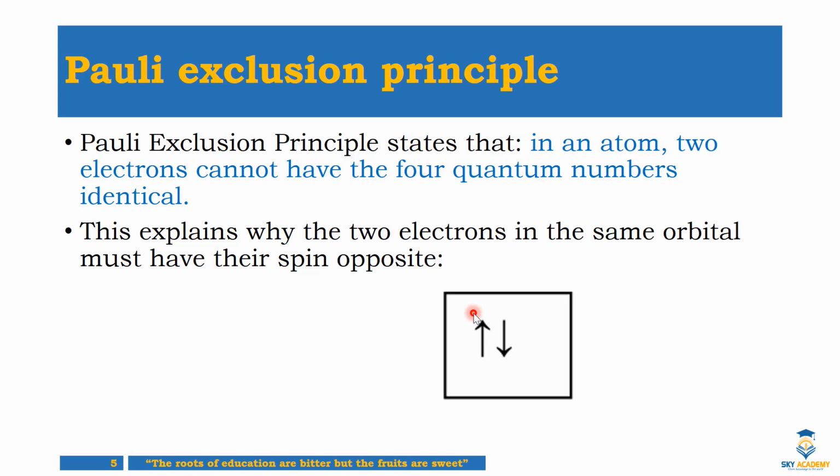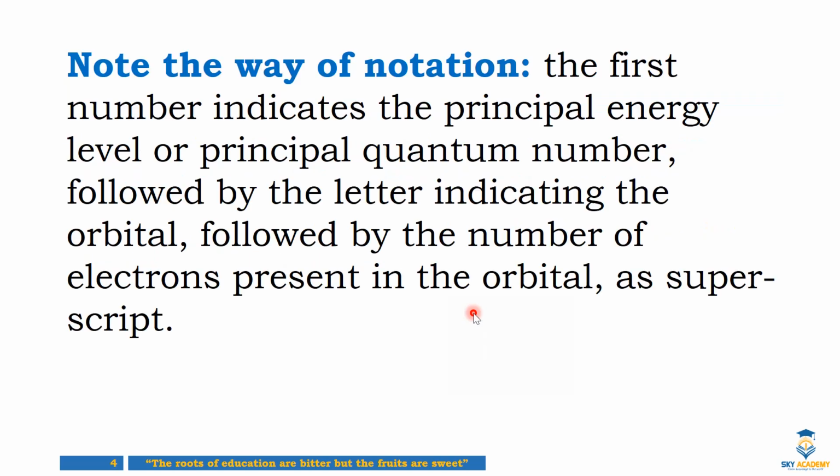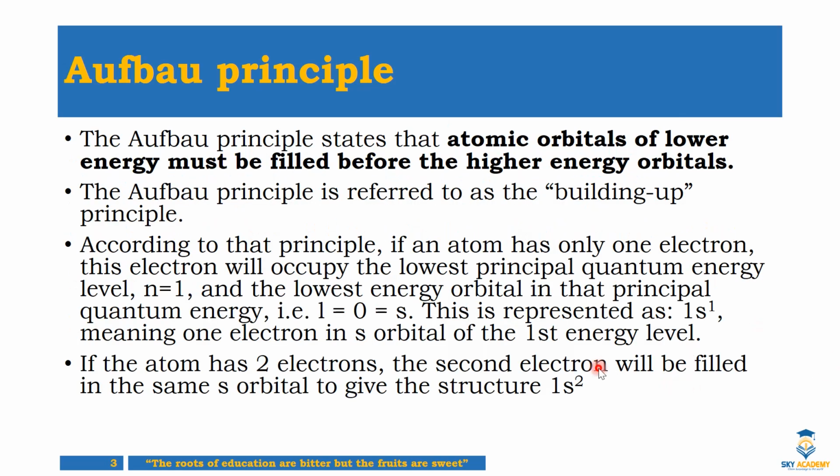The secondary quantum number shows the orbital, and then the third one shows, I don't remember quickly, but those quantum numbers try to show us where the electron is located.